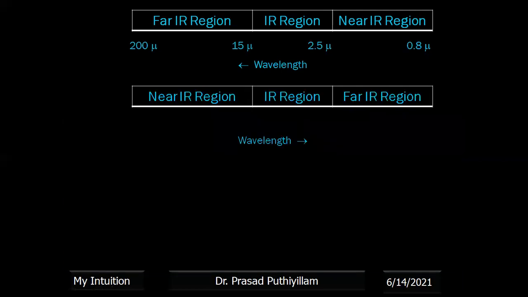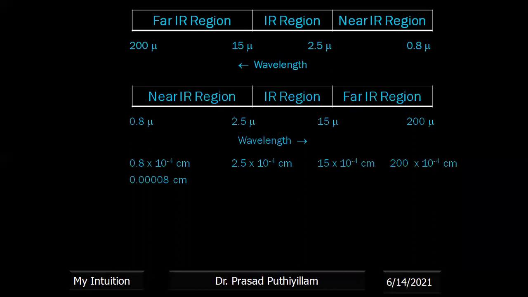If I want to reverse it and take the wavelength in the right-hand direction, the near IR region comes first here. The same values I am rewriting: 0.8, 2.5, 15, and 200 microns. Now I want to convert microns into centimeters: 0.8 into 10 to the power minus 4 centimeter, 2.5 into 10 to the minus 4, 15 into 10 to the minus 4, 200 into 10 to the minus 4.